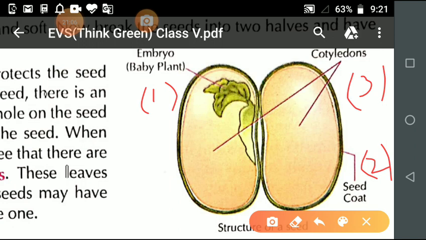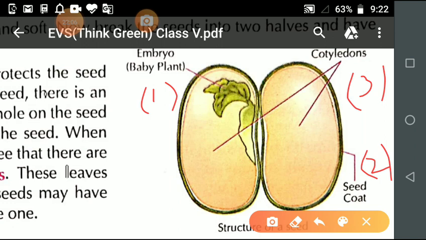Then you do one activity. You take the seeds of rajma, or you can also say bean seeds, or you can also take the seed of gram.